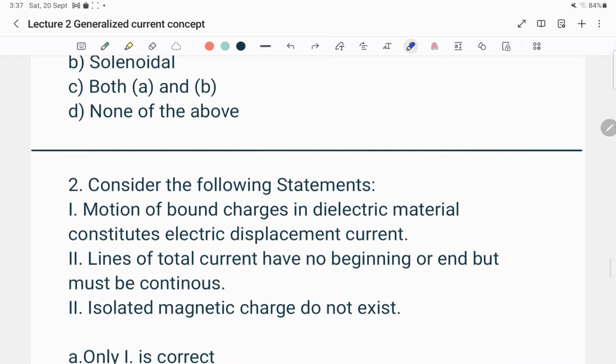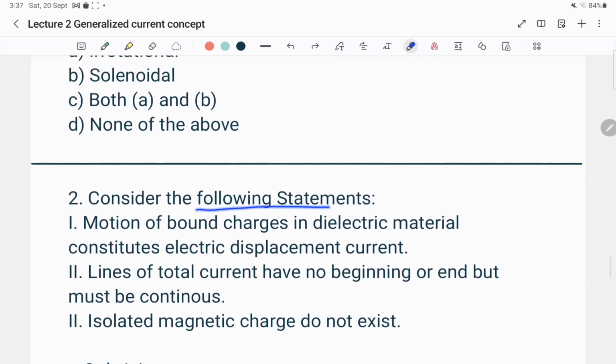The second question says, consider the following statements. The first: the motion of bound charges in electric material constitutes electric displacement current. Second: lines of total current have no beginning or end but must be continuous.